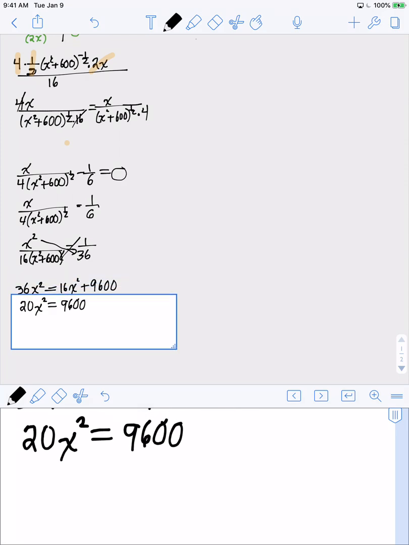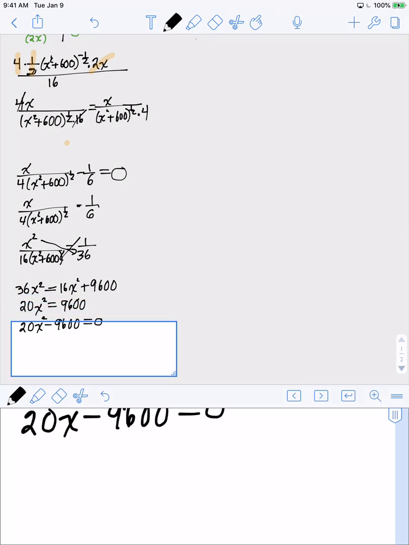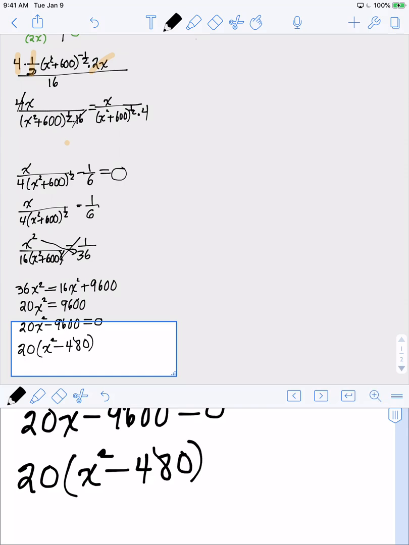Let's move everything to one side, because if we factor, we don't want to miss any solutions. 20 is going to be my greatest common factor, so 20 times x squared minus 480 equals 0.